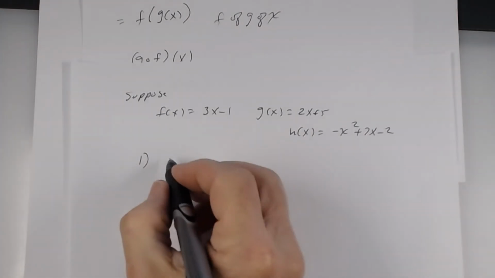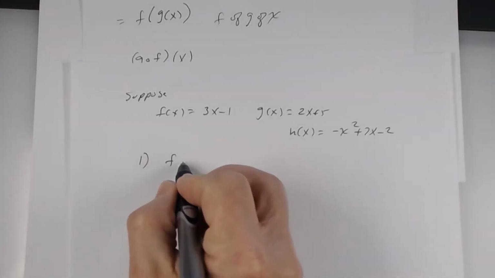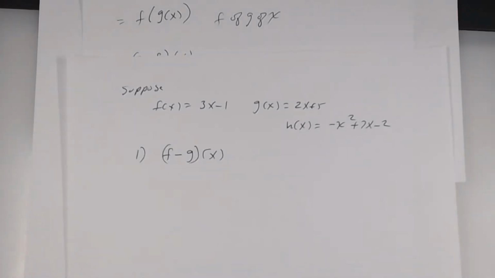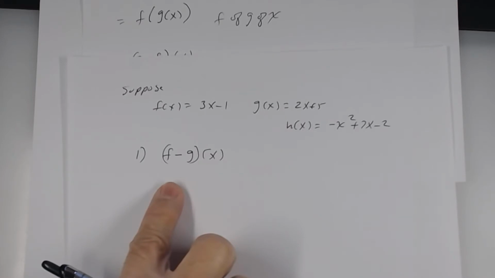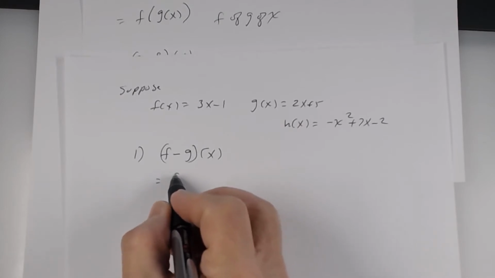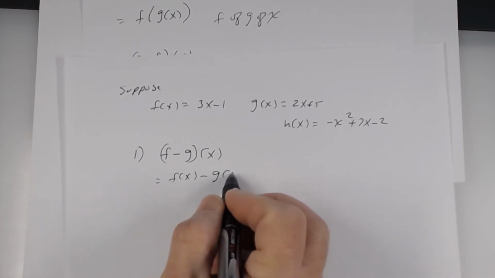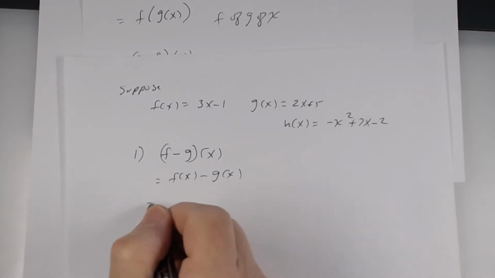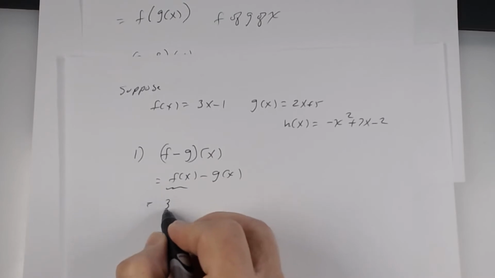All right, what if you had this? What if you had f minus g at x? First of all, remember we talked about combining functions and we talked about composing functions. Which one's this one? Combining. All right, so how would you do this? What would you write first? F of x minus g of x. That's what you would write first. Now you do the substitution. So what's f of x? 3x minus 1.